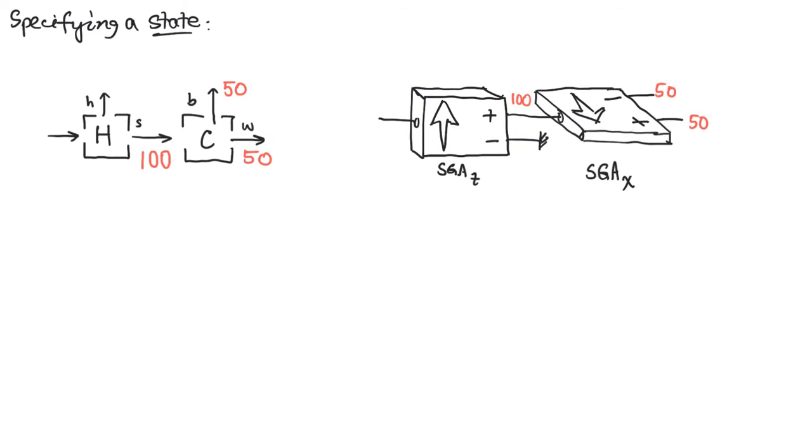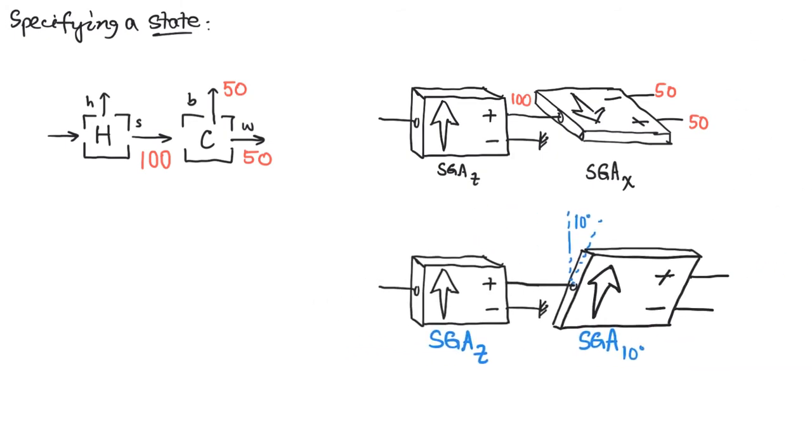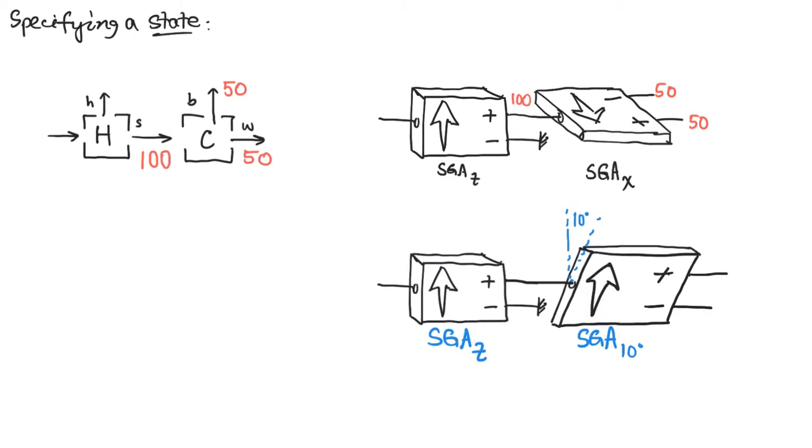But we have to remember that the probabilities are not always going to be 50-50 when you have an atom in an undefined state. For example, if we have an SGA Z measurement followed by an SGA 10-degree measurement, and let's say we have 100 atoms exiting the plus port of the Z, it is not going to be the case that we have 50-50 odds of coming out of the second analyzer.